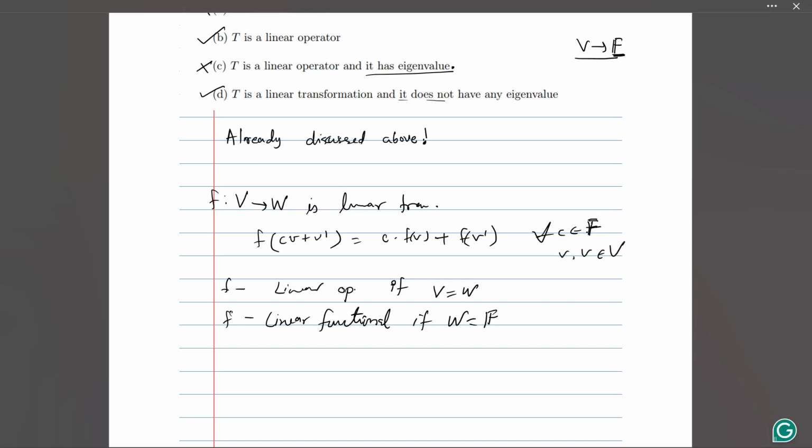They are all linear transformations. This is also a linear transformation. But when we say linear operator, we are assuming that W is nothing but V, and we say linear functional if the codomain is the associated field, with V and W vector spaces over the same field.